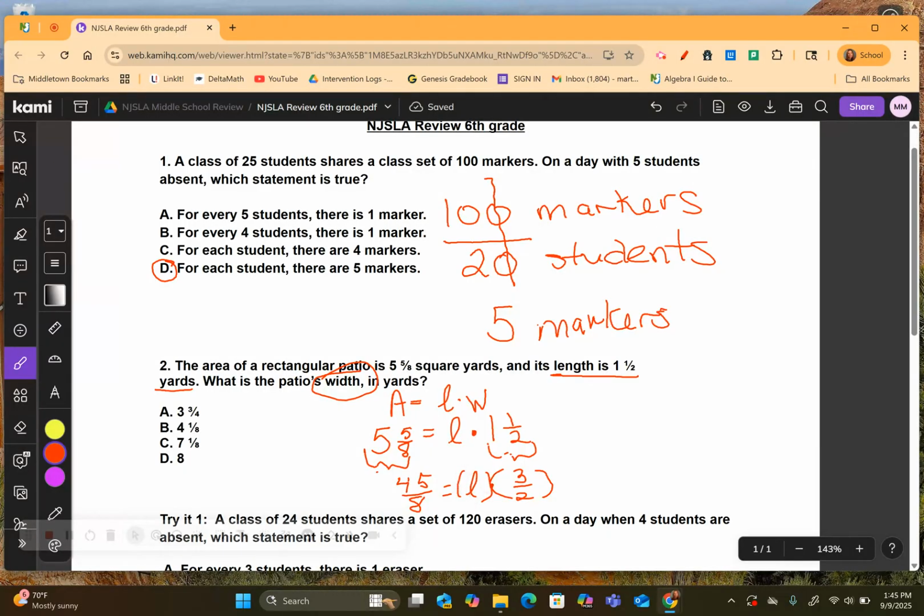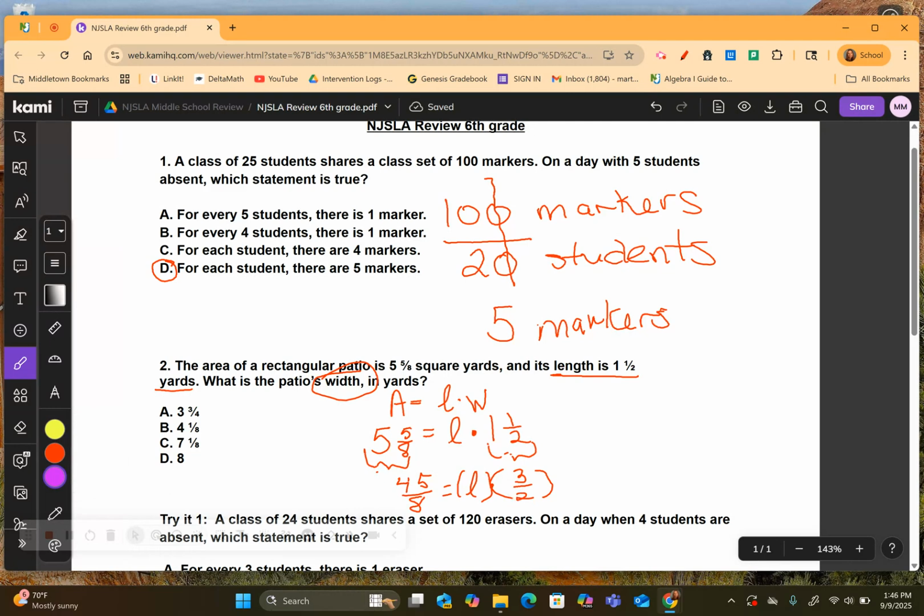It's still, what is the operation between the L, the length, and 3/2? The operation is multiplication. Parentheses together indicates multiplication. I want to get L by itself. When I have multiplication, what is the inverse operation of multiplication? Yes, division.